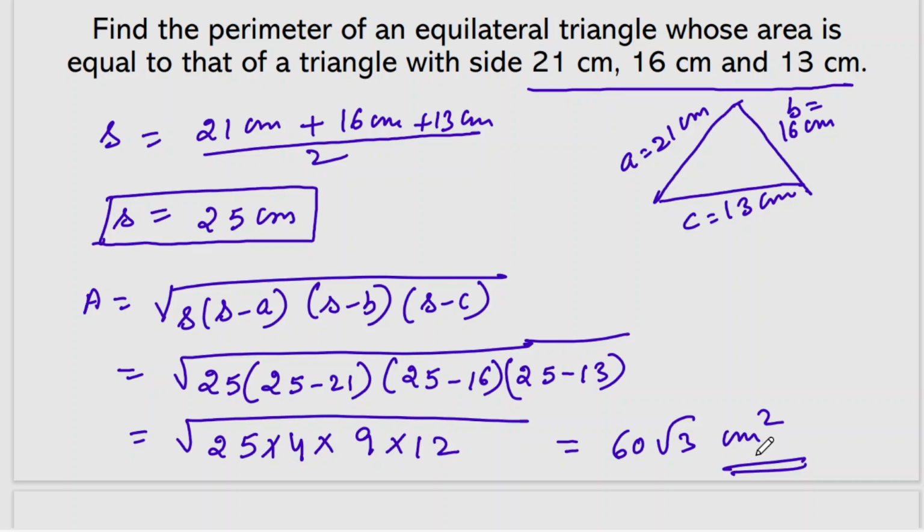Now, let me read the question again. Find the perimeter of an equilateral triangle whose area is equal to that of the triangle. That means I'm going to find the perimeter of an equilateral triangle. This is your scalene triangle. So I have to find the side of an equilateral triangle whose area is 60 root 3.